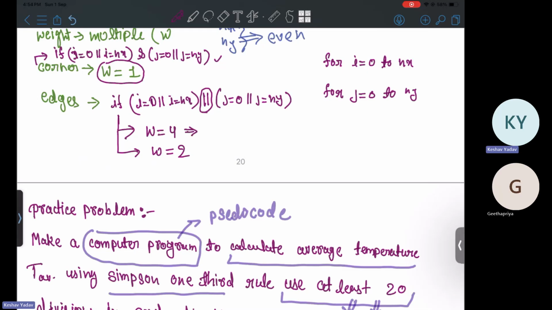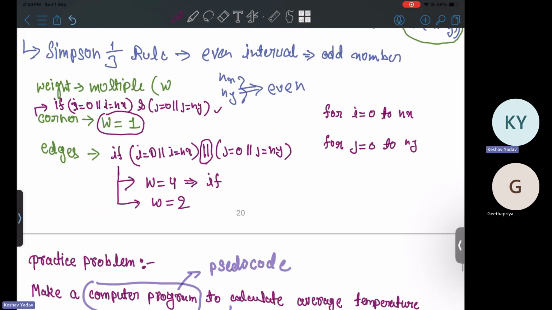When will W be 4? If we are at the edge, we already know 0 or ny. If I find the remainder of 0 divided by 2, that will give me 0. If I find the remainder of nx or ny and 2, this nx is even, so the remainder will be 0.